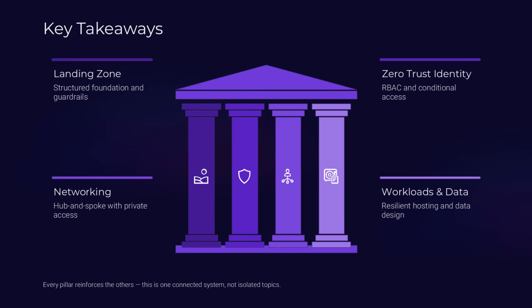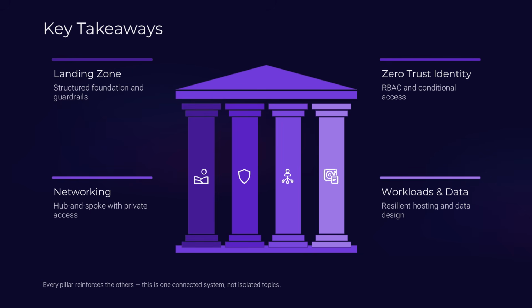You choose workload hosting patterns that match organizational maturity, and you design data architecture with separation of transactional and analytics workloads, lifecycle discipline, backups, and strong security patterns. You centralize logging and observability so incidents and audits are evidence-driven, and you use Azure Policy governance to prevent drift and manage exceptions.